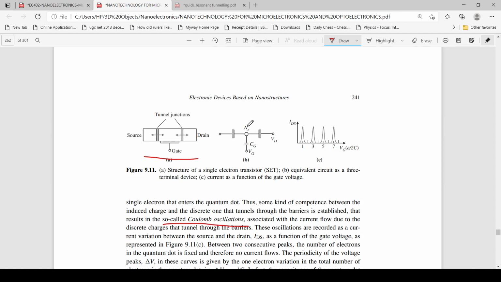The number of electrons can be controlled by the product of Vg and C, and we know that Q equals C into V. This is our fundamental equation. So by giving proper capacitance, the external capacitance, and the voltage, the number of electrons in the quantum dot can be controlled, so that we can control the entire tunneling process also.